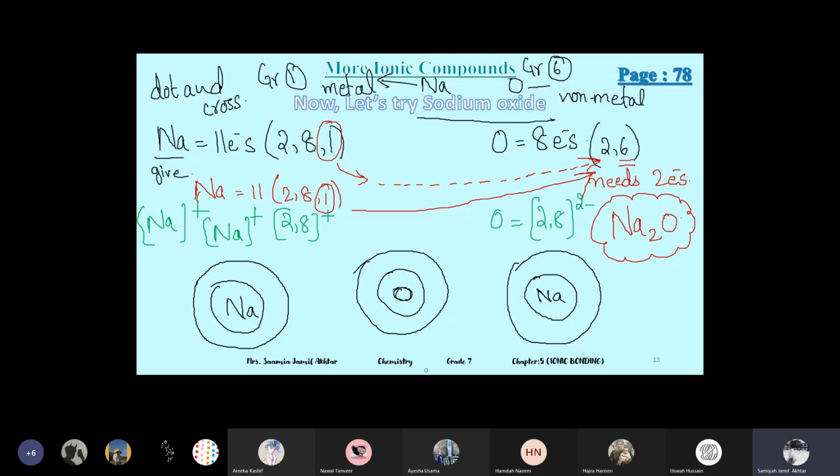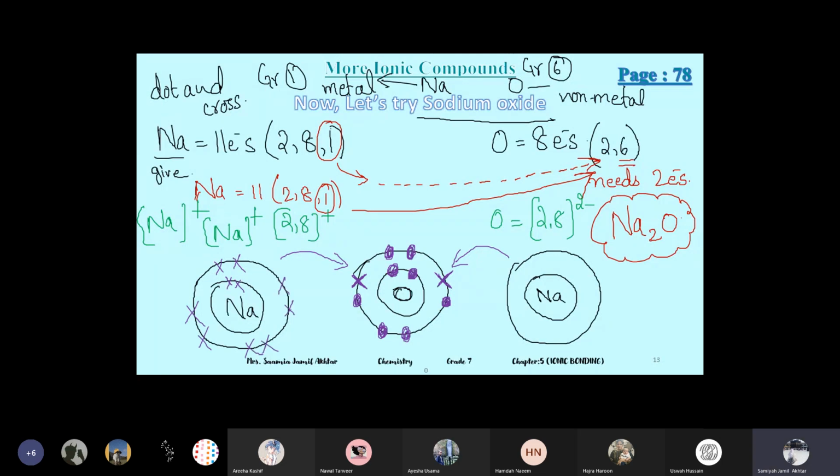So in oxygen, there will be 2 in the first shell and 6 electrons of itself, which oxygen already has. It's 6 electrons with dots, and 2 electrons of sodium I'm representing by cross, which has transferred 2 electrons. Sodium will give one electron to oxygen, and sodium's electron by cross.